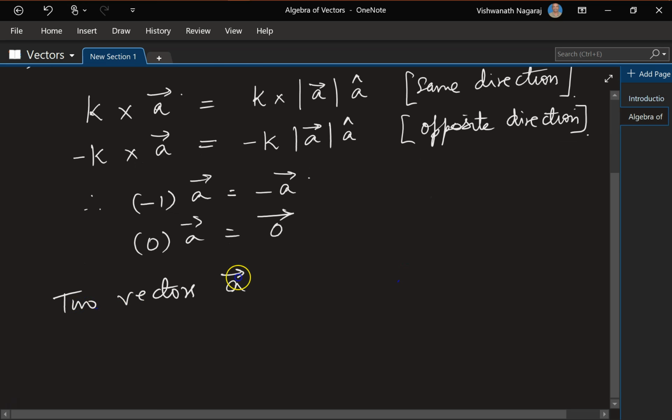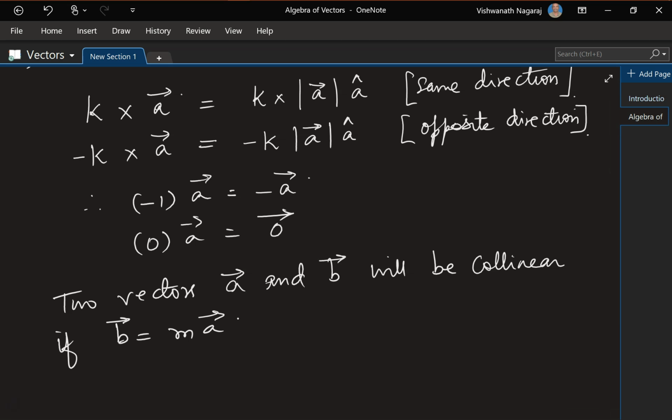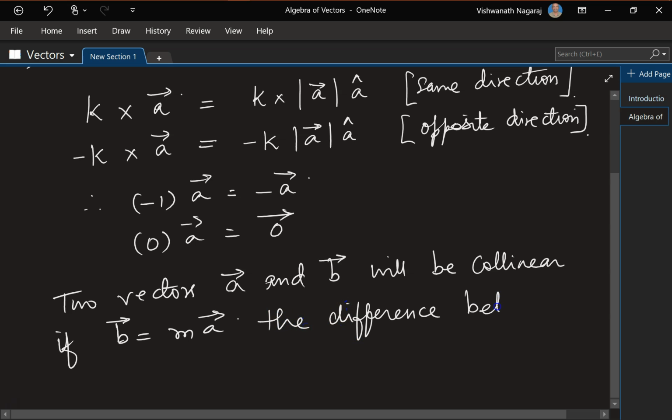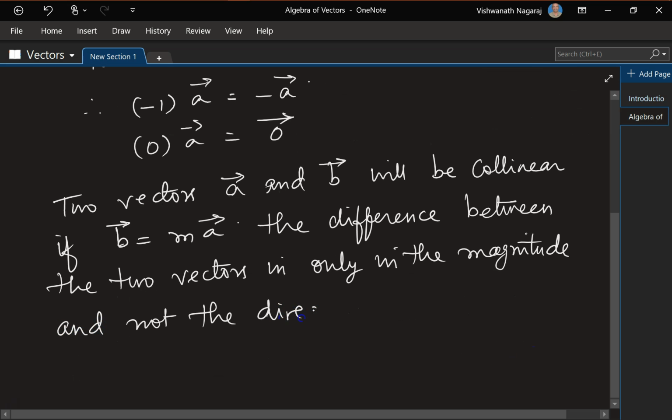Two vectors a and b will be collinear if b is equal to m a. That means b is a scalar multiple of a. The difference between the two vectors is only in the magnitude and not the direction.